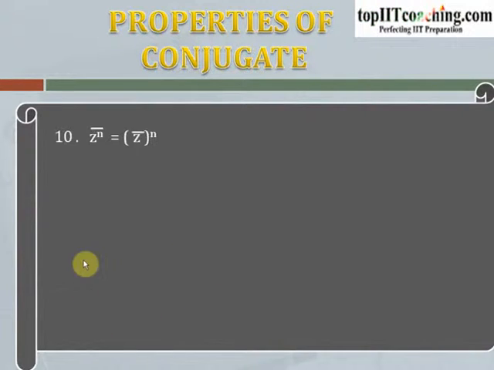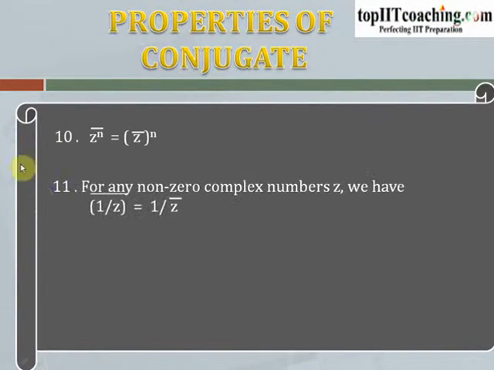The next is, the conjugate of z to the power of n is equal to z conjugate to the power of n. So this is also a very important property, that the conjugate of z to the power of n is simply equal to z conjugate to the power of n. The next is, for any non-zero complex number z, we have the conjugate of 1 by z equal to 1 by z conjugate.